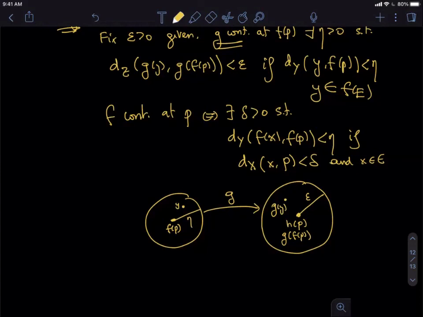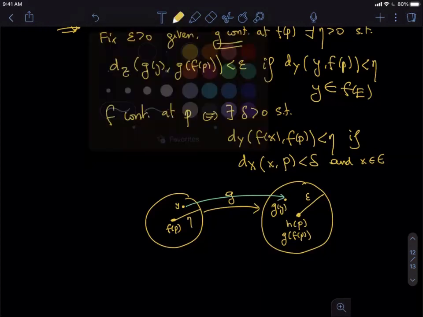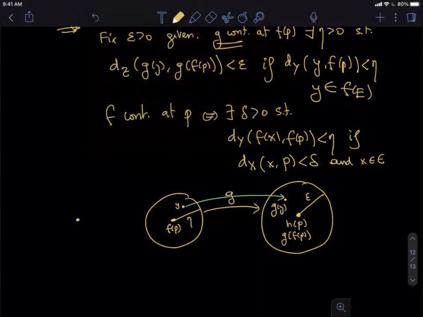So in this particular case, this point here is going here. But now, if we take one step back, here we have our p, which is in a neighborhood with some radius delta. And if this delta is small enough, we can be sure that our f is going to map it to the neighborhood of radius eta of f of p.